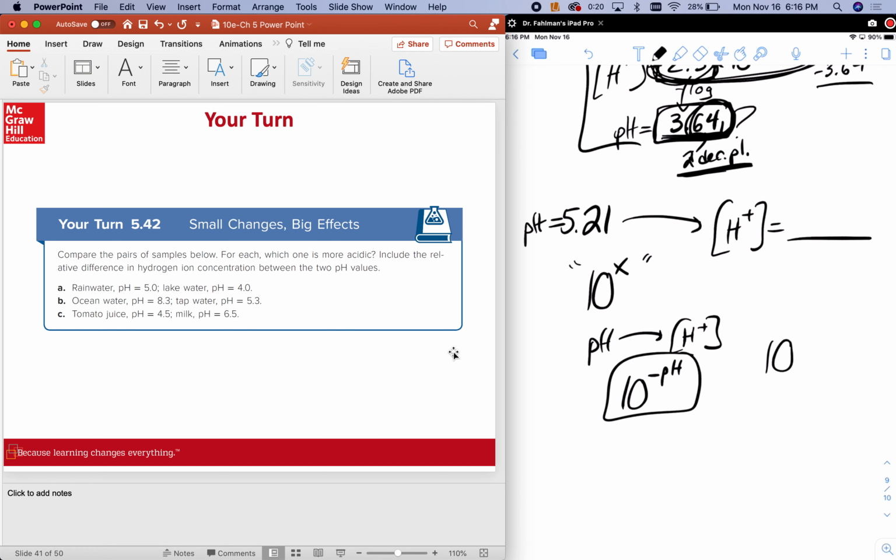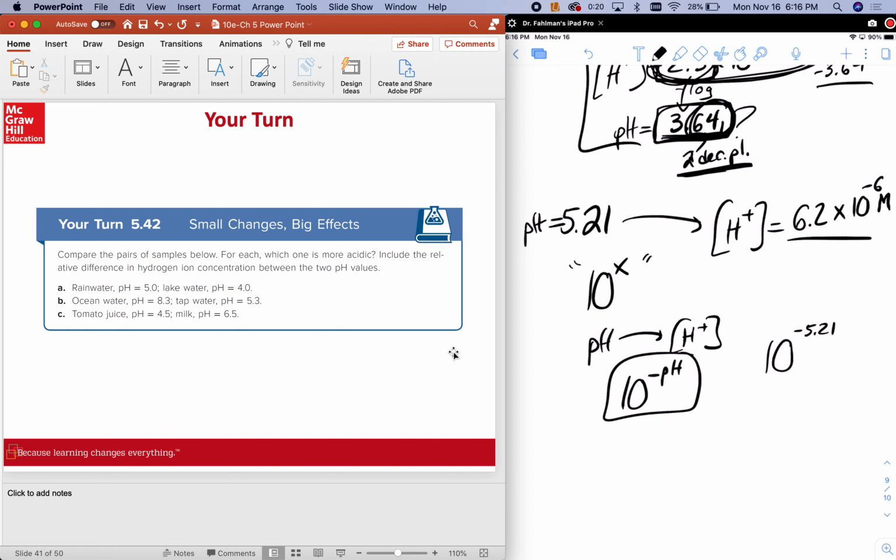Okay, so let me try that. So do 5.21, minus, or negative, and then 10 to the x. So that is 6.2 times 10 to the minus 6 moles per liter.